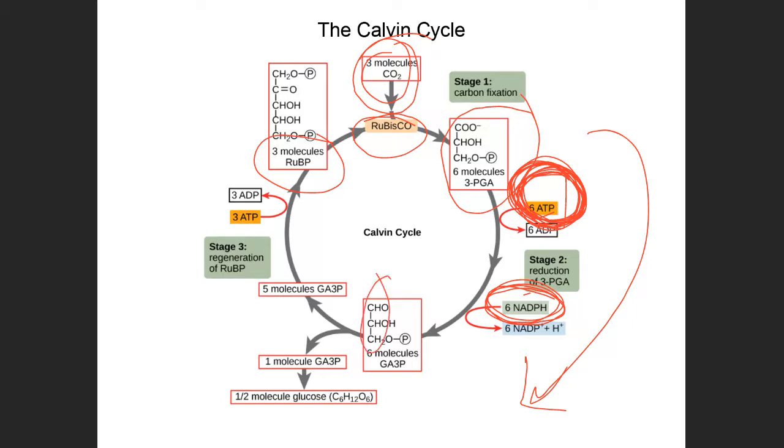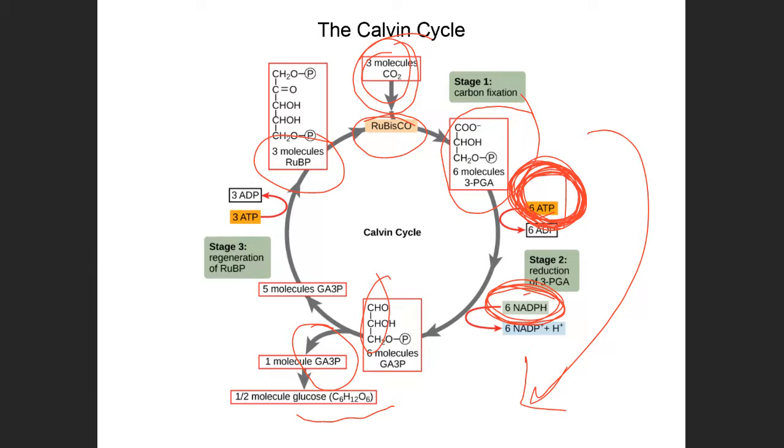Two of them come together to make a molecule of sugar, because glyceraldehyde triphosphate will combine with another glyceraldehyde triphosphate and make C6H12O6. This is a 3-carbon molecule. I make 6 of them.